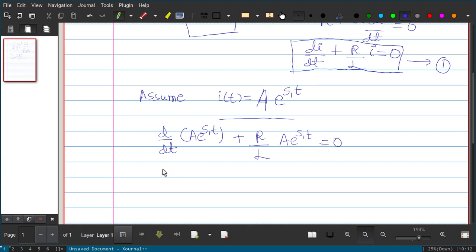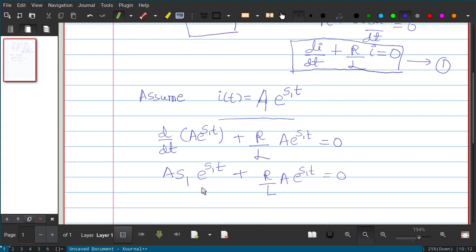Now if you differentiate this, A is outside and s1 is also a constant, you take it outside, and what you get is s1 A e power s1 t plus R by L A e power s1 t equal to 0.